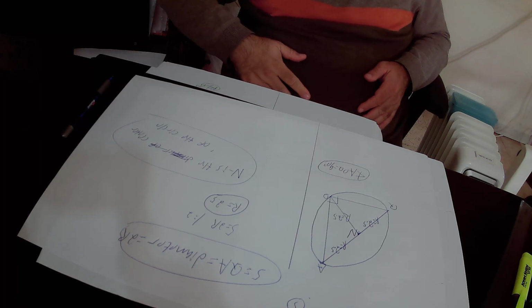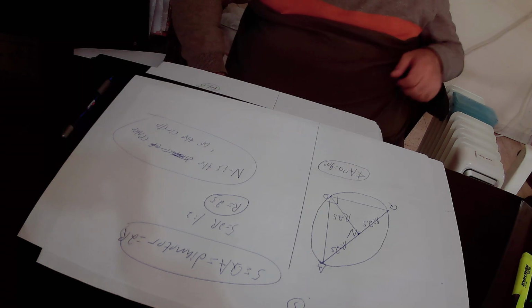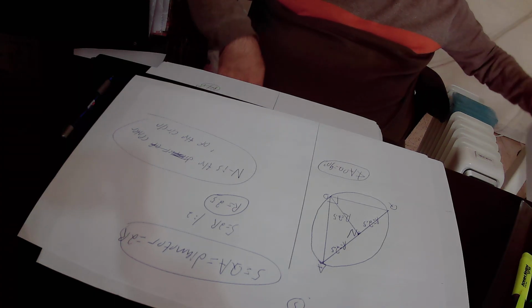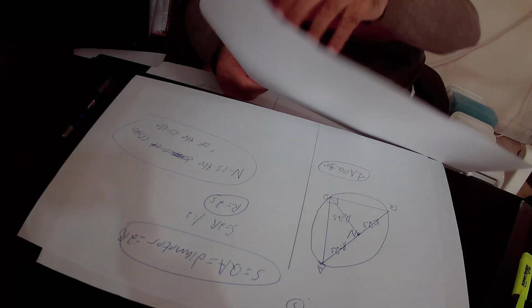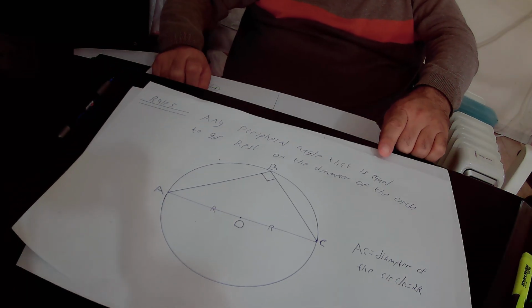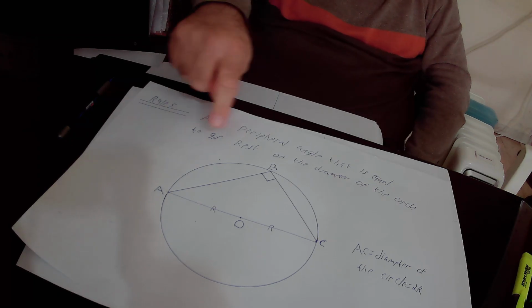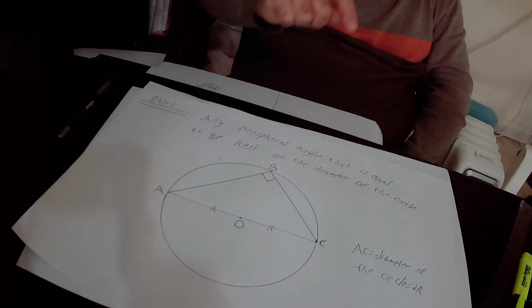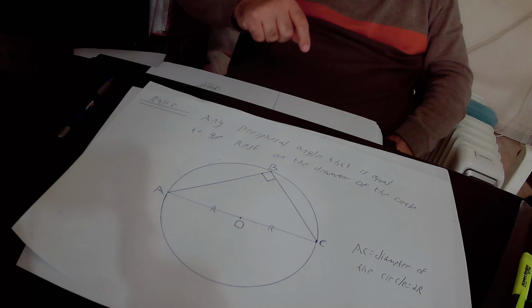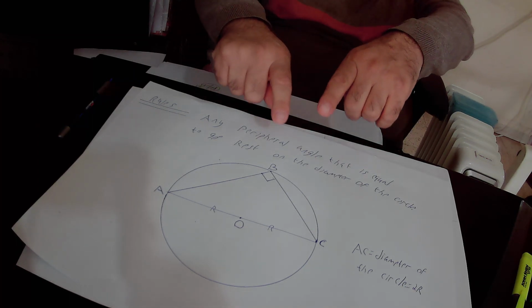And we have rule number 5 that states that any peripheral angle that is equal to 90 degrees must rest on the diameter of the circle. Here, peripheral angle ABC equals 90 degrees, therefore it must rest on the diameter of the circle, and indeed AC is the diameter.